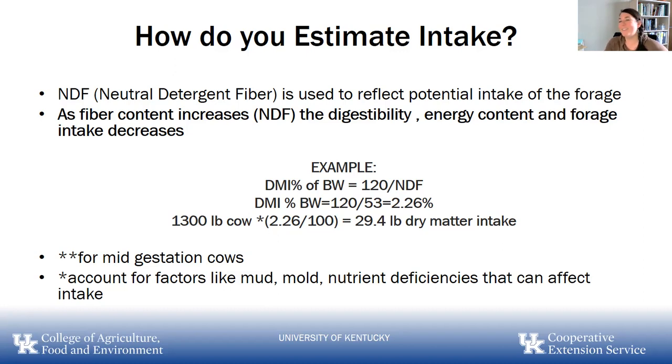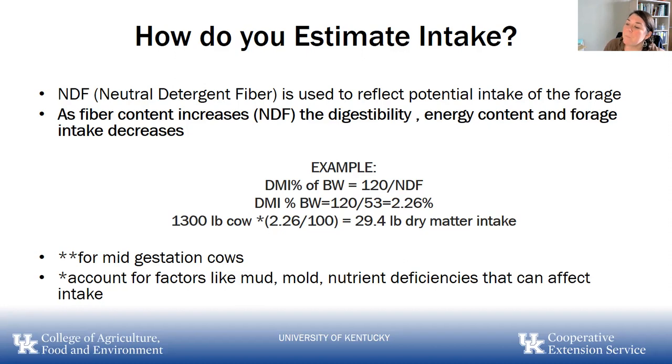I'm sure there's some reason why it's 120, but I do know that that's the calculation that we look at. So 120 divided by the NDF number. So for example, if our NDF on a hay forage result is 53, we're going to take 120 divided by 53, and that's going to equal 2.26%.